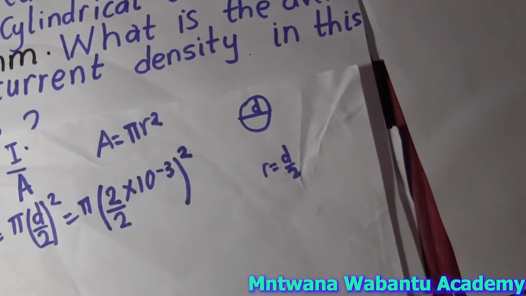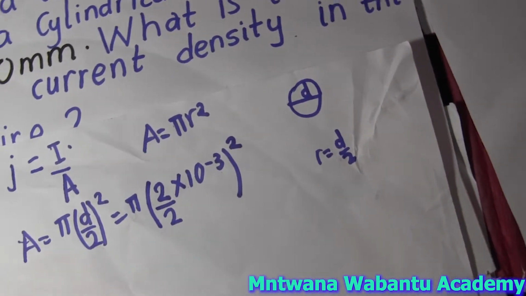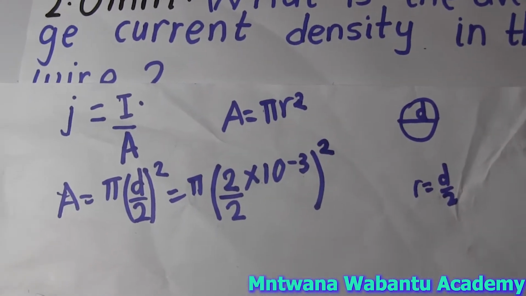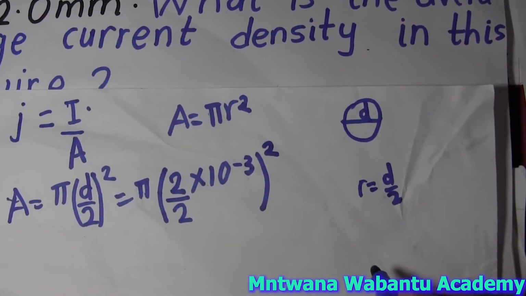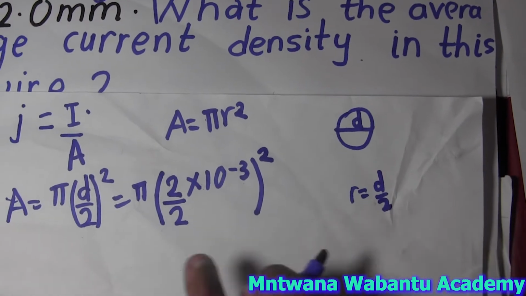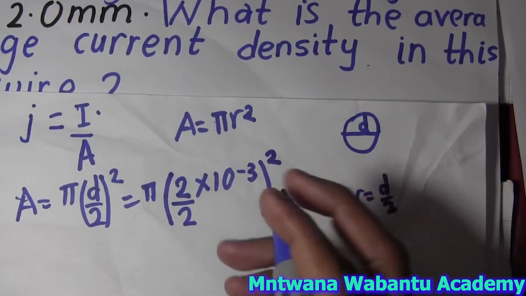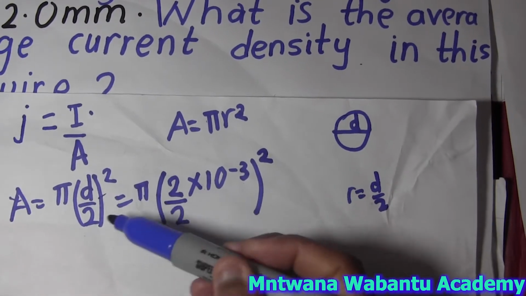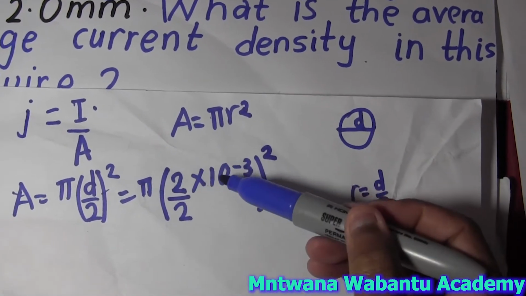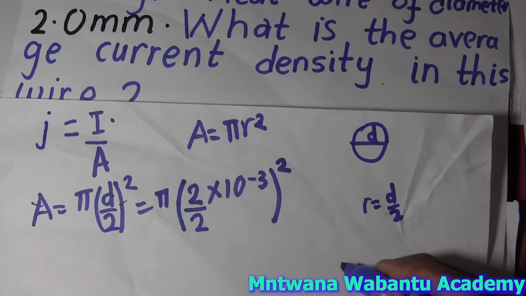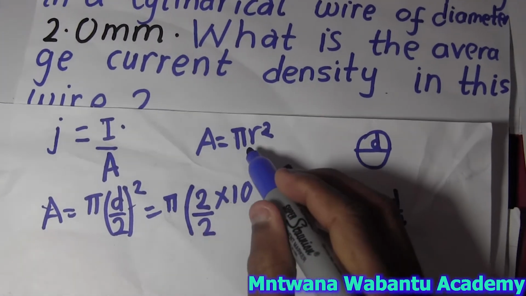You can even do it aside, like you say, oh, you know what? I don't want to do it right there. I want to do it aside. Okay, let's do it aside. It means we take our pi, diameter is 2, and then we divide by 2, and then we change the units. Let's just do our radius separately.